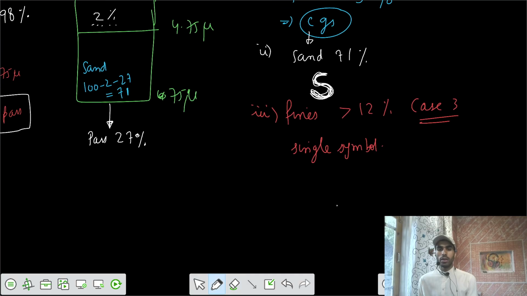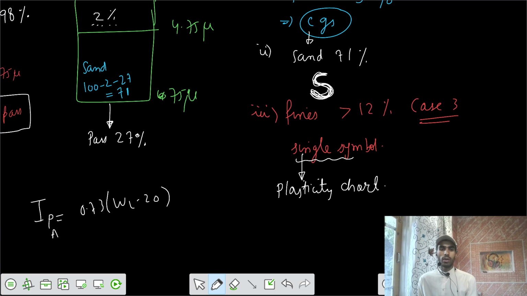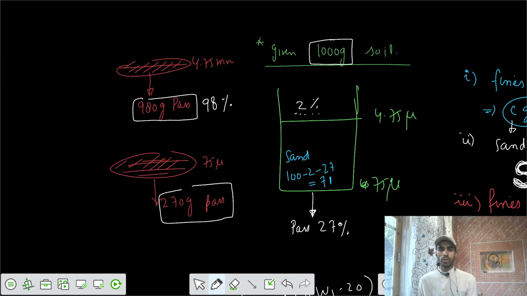That means now we need to consider only the plasticity, because fines are more. We need to use the plasticity chart, so we calculate the IP of the A line and the IP of the soil, which is liquid limit minus plastic limit. Was that data given to you? Yes, that data was also given to you.